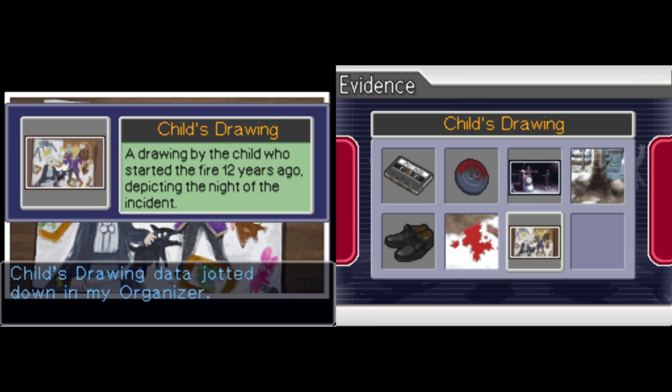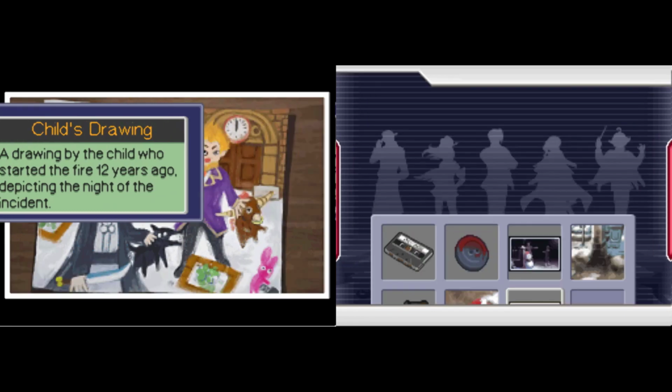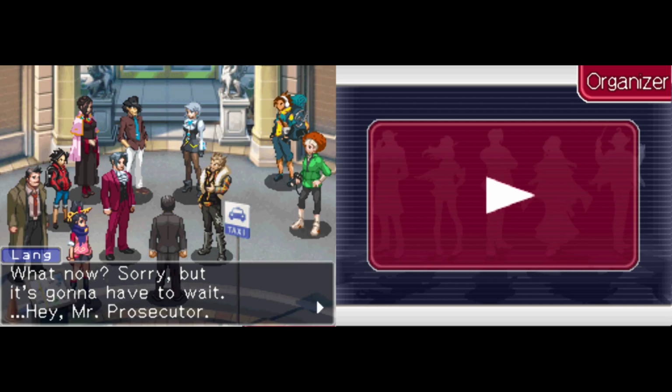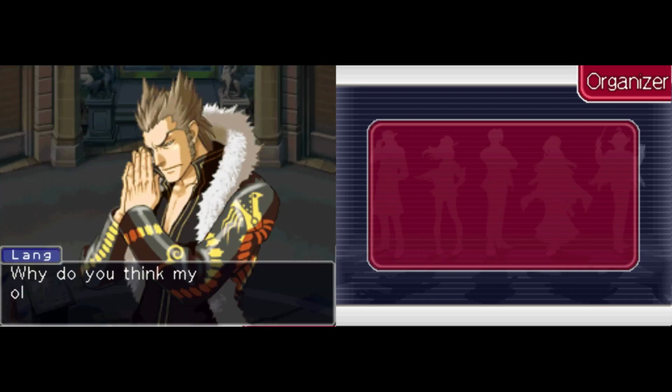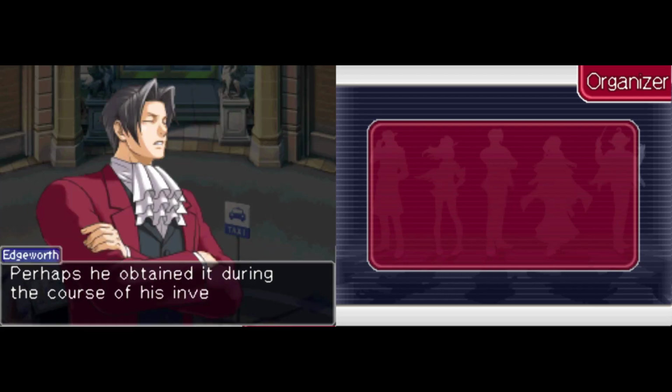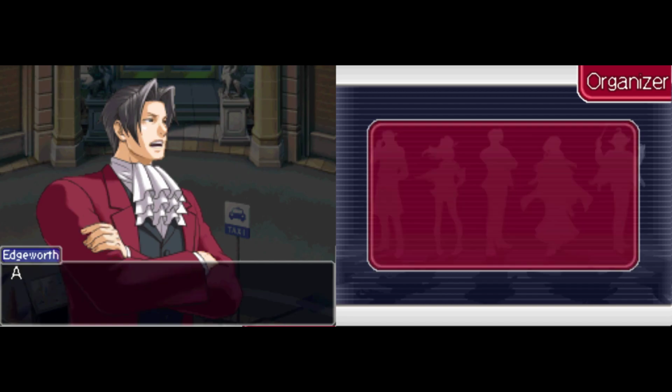Child's drawing data jotted down in my organizer. Shifu! What now? Sorry, but it's gonna have to wait. Hey, Mr. Prosecutor. Why do you think my old man had this? Perhaps he obtained it during the course of his investigation into the incident.